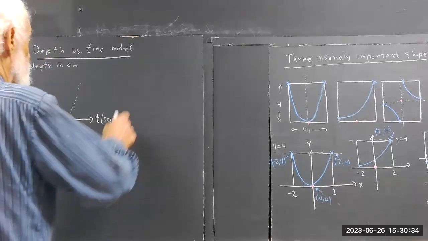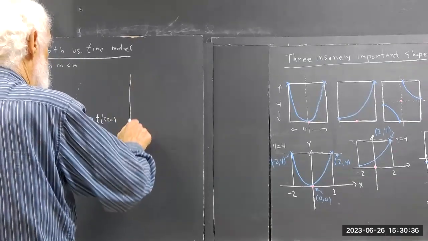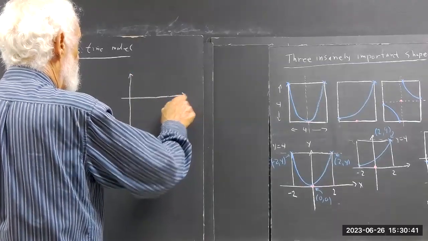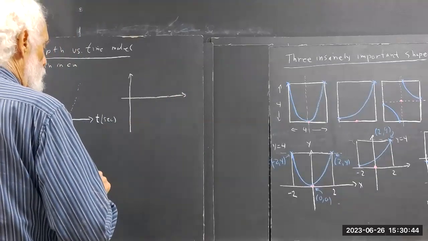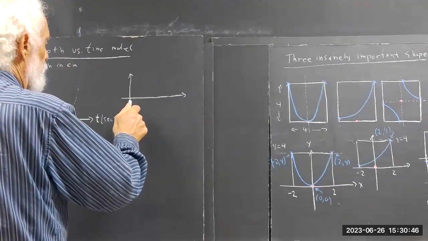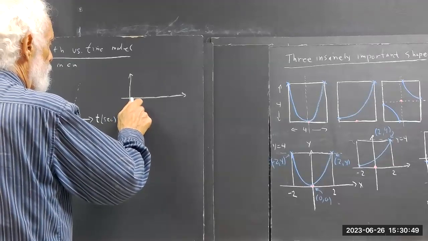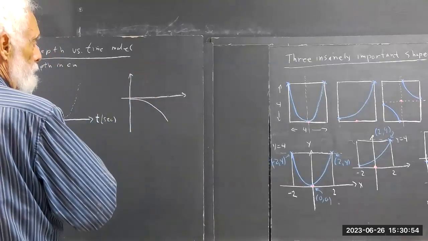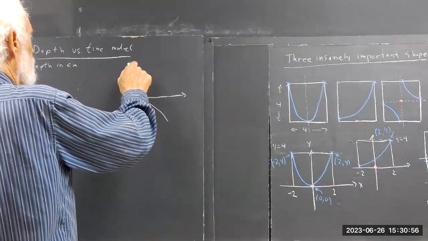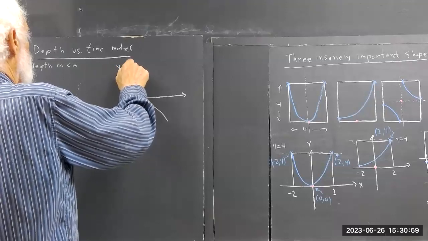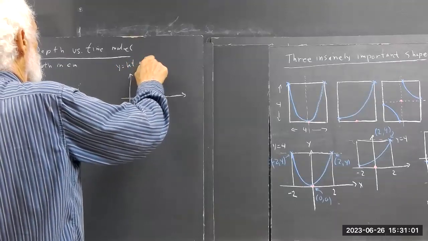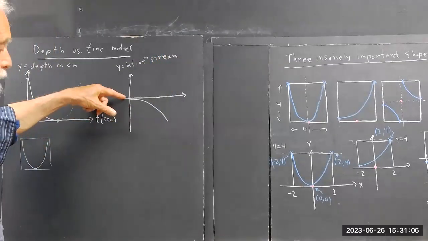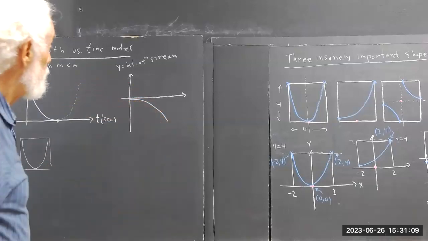Also, you have this path. For any given time, the path of the water stream. Okay. So this would be like y equals height of the water stream. And arbitrarily, we'll say the height is 0 here and it goes negative.